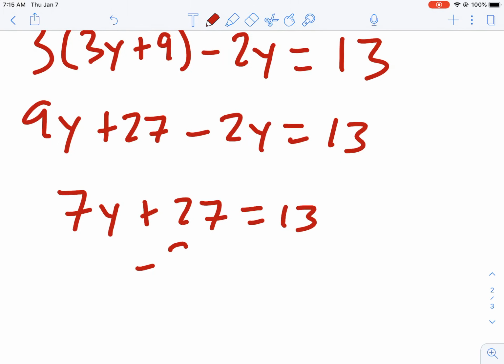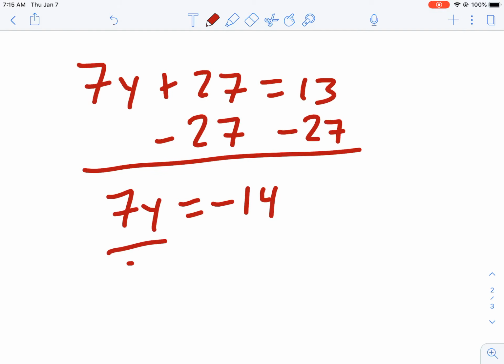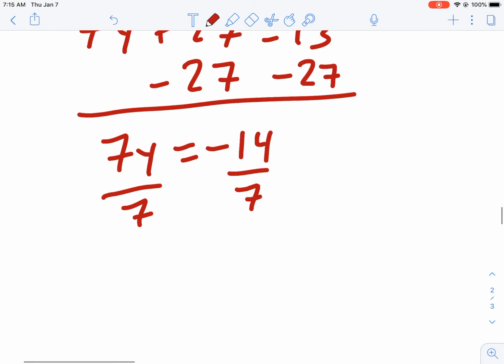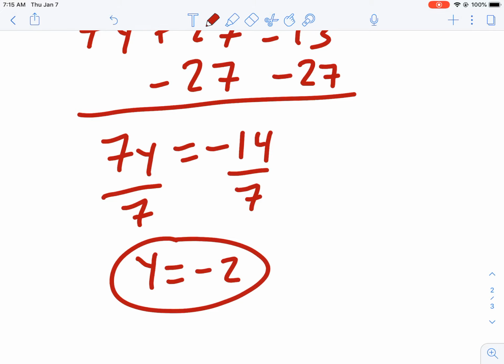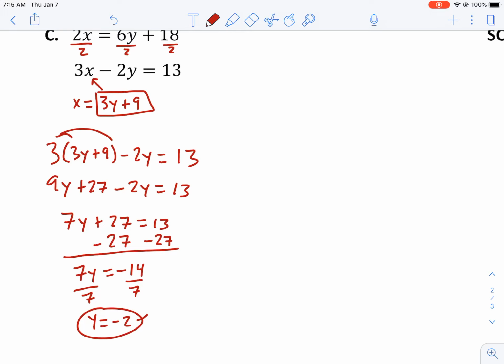Subtract over the 27. And then divide by 7. We get y equals negative 2. All right, so now we've got our first variable. Now we need to take that negative 2 and plug it back into our other equation.